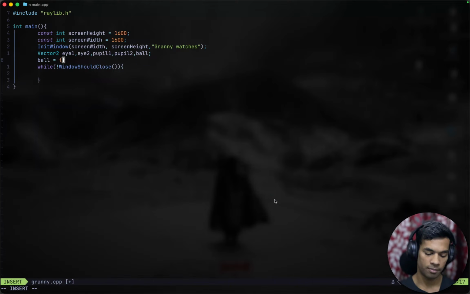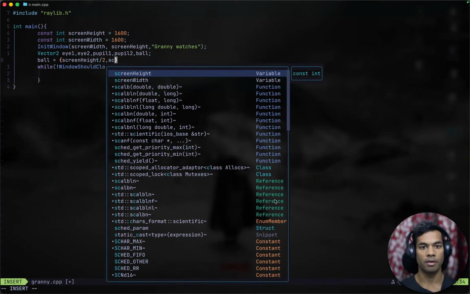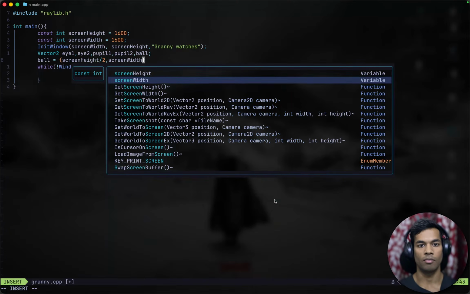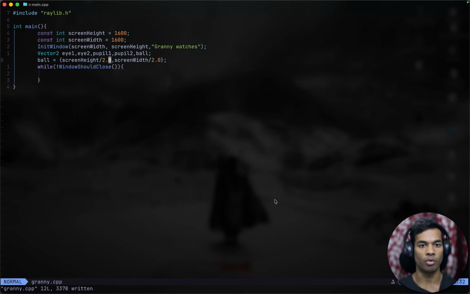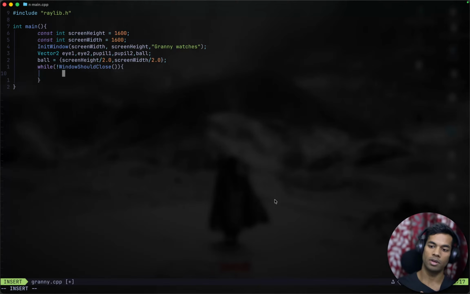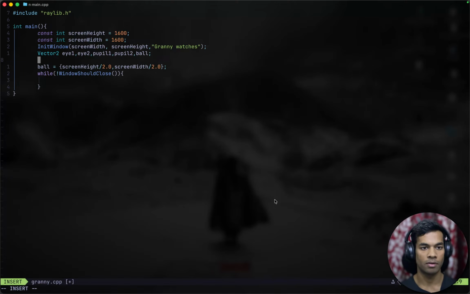Ball equals screen height by 2 and screen width by 2, but I guess we will get an error. Yes, we get an error because this has to be floating point. Okay, and now let's draw. But also, I1 and I2 are fixed, right?